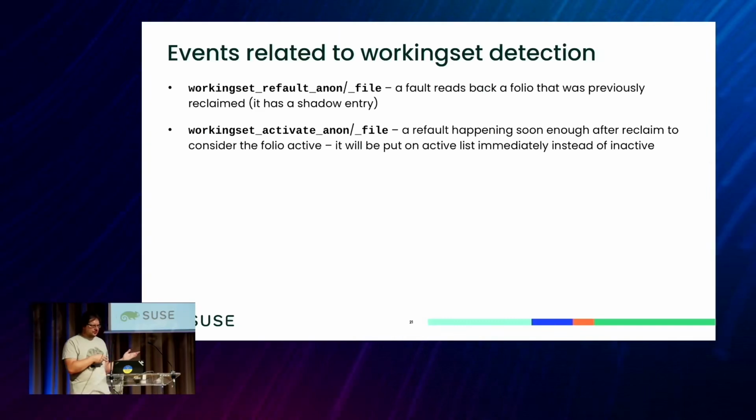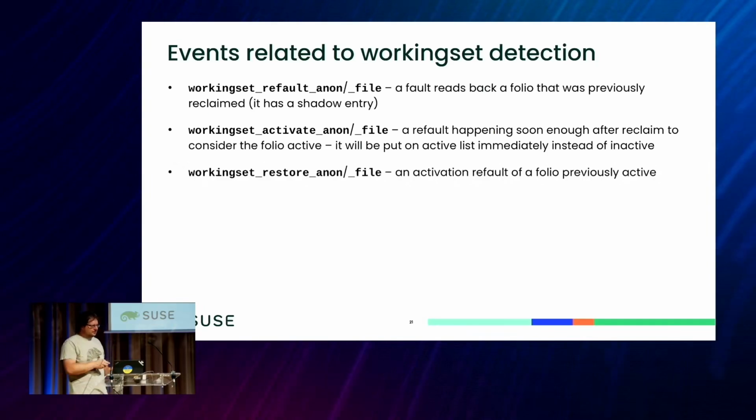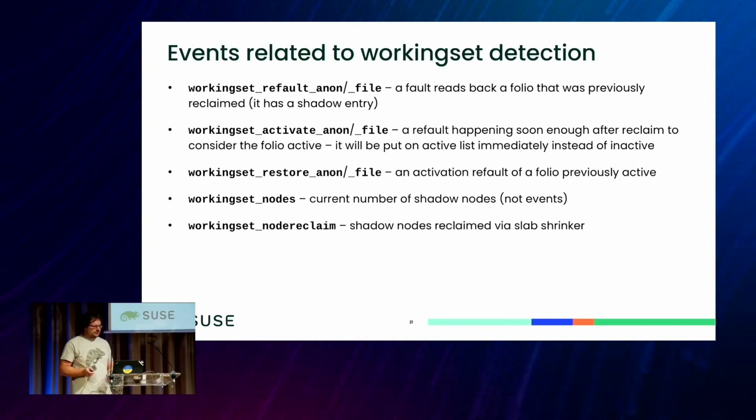So when it reads back a folio that was previously reclaimed, so we have already a shadow entry for it, it increments this refault counter. If it decides that it was soon enough after reclaim to be active, it increments this counter, and there's a third counter for a special case of this when the folio was already active before. But the semantic of that is not that easy, and it's used internally to calculate some reclaim costs.